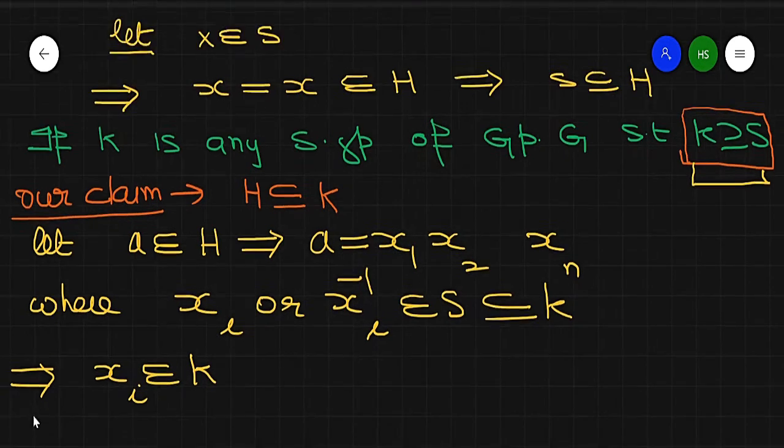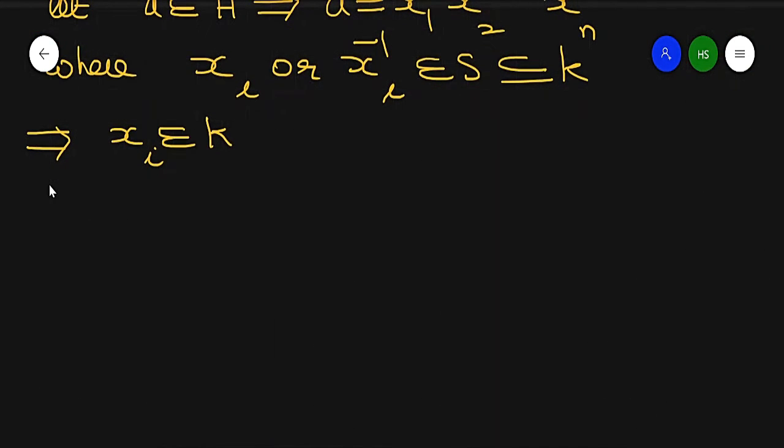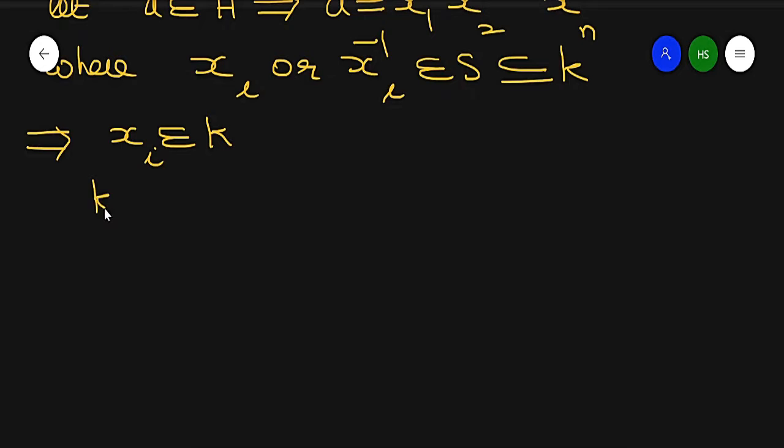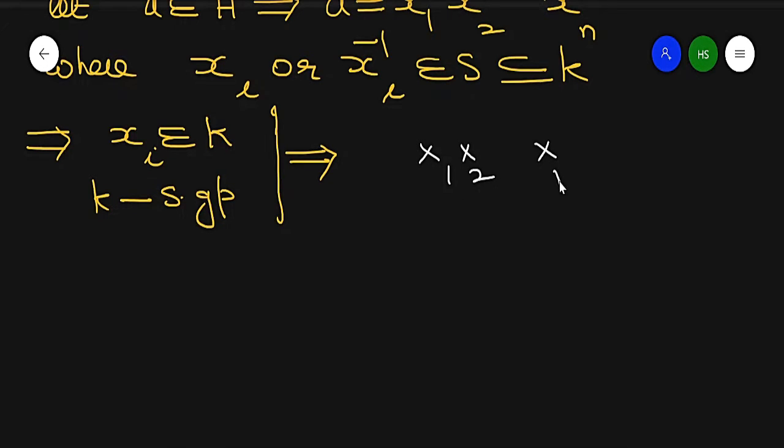K is a subgroup, and a subgroup is closed under multiplication. So x1, x2, ..., xn belongs to K.